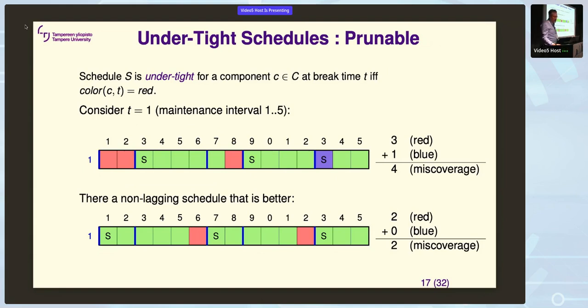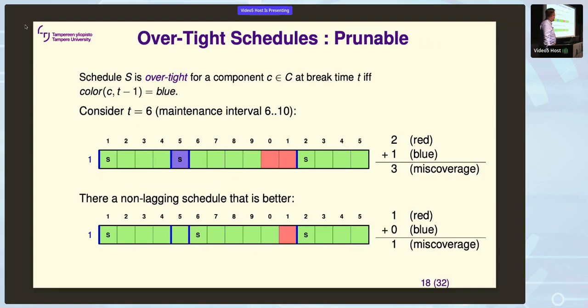Again, this is all obtained by eliminating possibilities from the search space. And the last one is just the opposite. Here we have overlap, and if we shift the whole thing to the right, then it becomes a better schedule than this oversight.